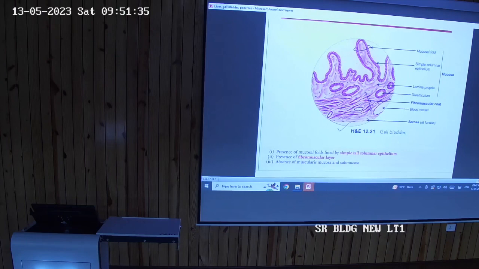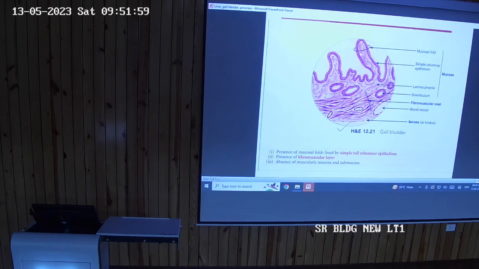So these are the two functions of the liver. The bile is formed by the liver. That bile is stored and concentrated in the gallbladder. So the function of the gallbladder is storage and concentration of the bile, nothing else.